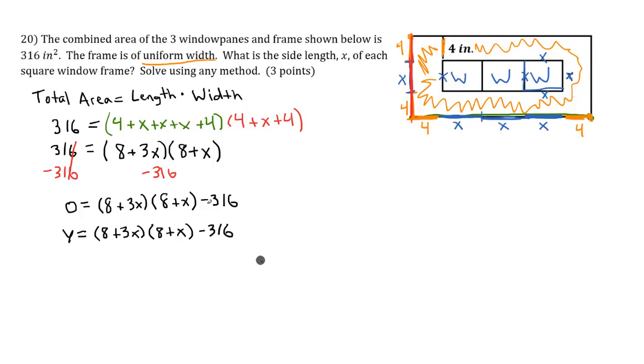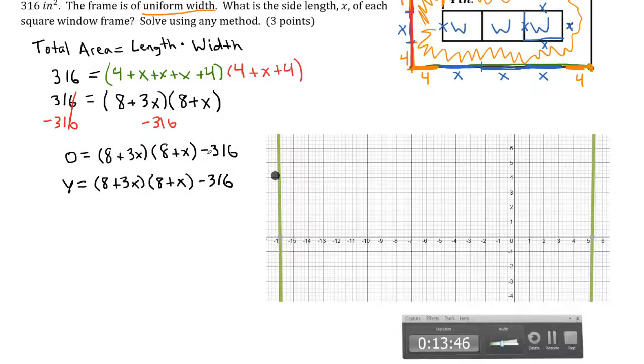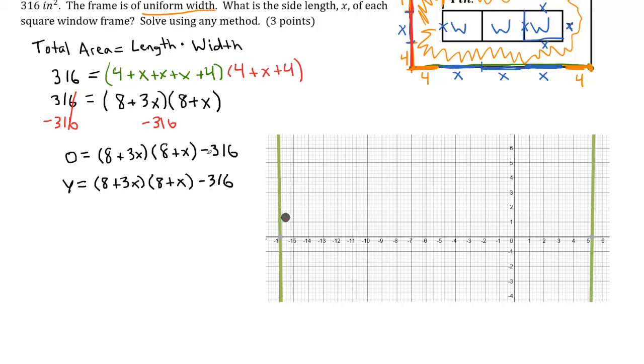So here comes the graph now. Again, this was done on Desmos, and I'm not showing you the entire parabola just because all we're looking for are the x-intercepts, and we know there are 2, so as long as you see both of them, you're good to go. This x-intercept is going to be negative 16, and we cannot have that as an x value.